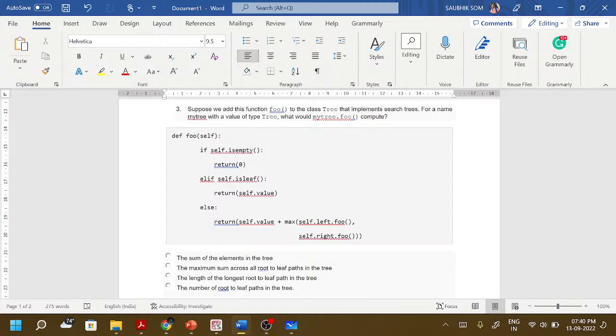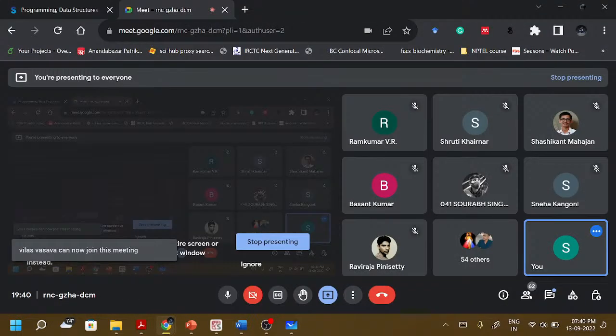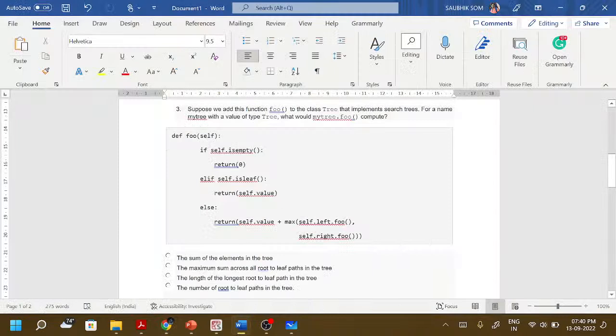If self is a leaf, return self.value. Else return self.value plus self.left.foo plus self.right.foo.